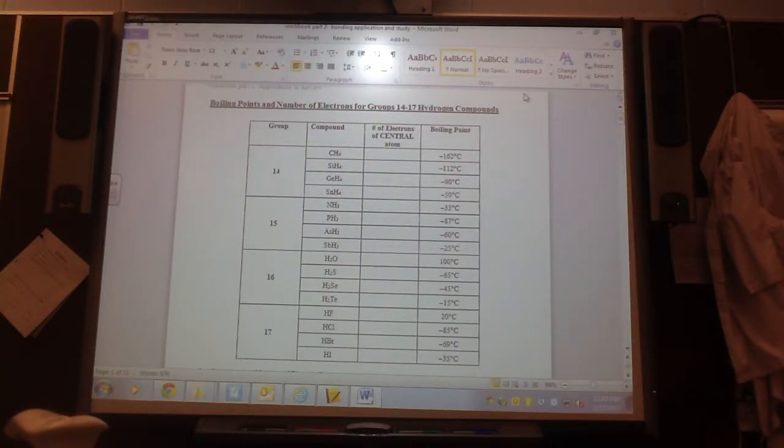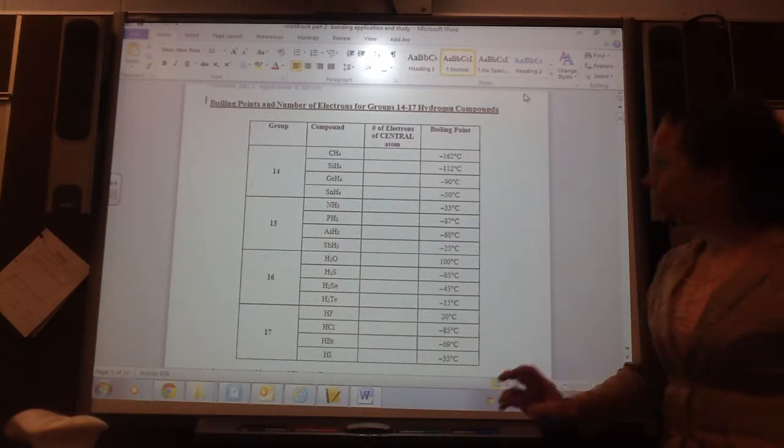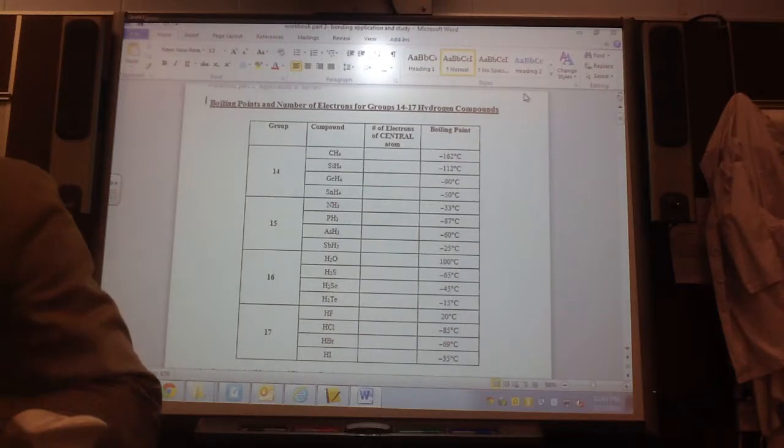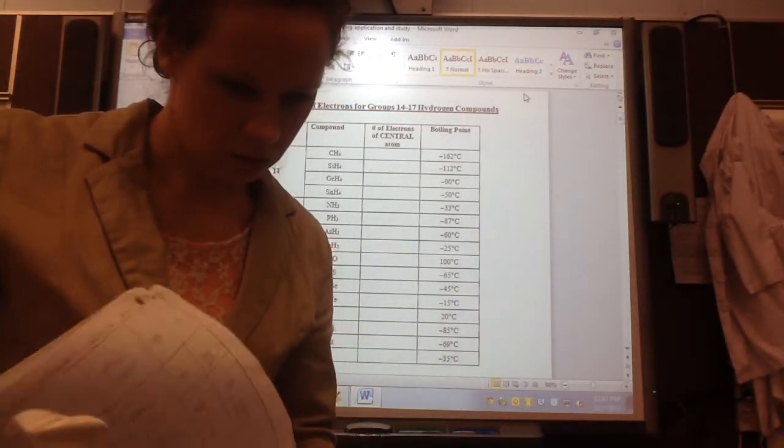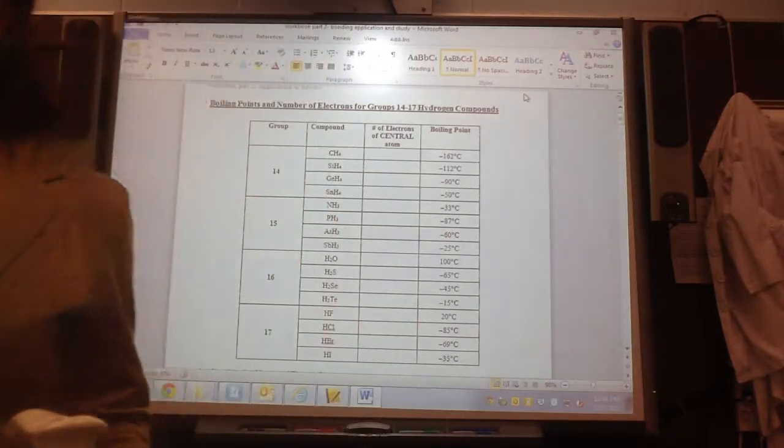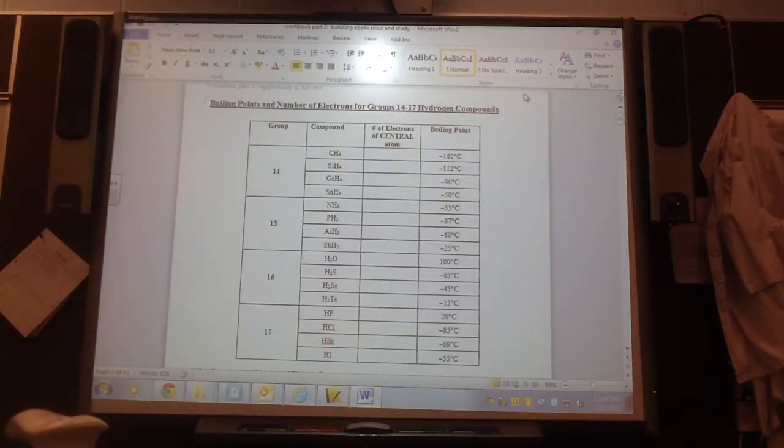Okay, so here, this is our first kind of page. Now I don't know if I printed this before or after, but oh yeah, I did, okay.